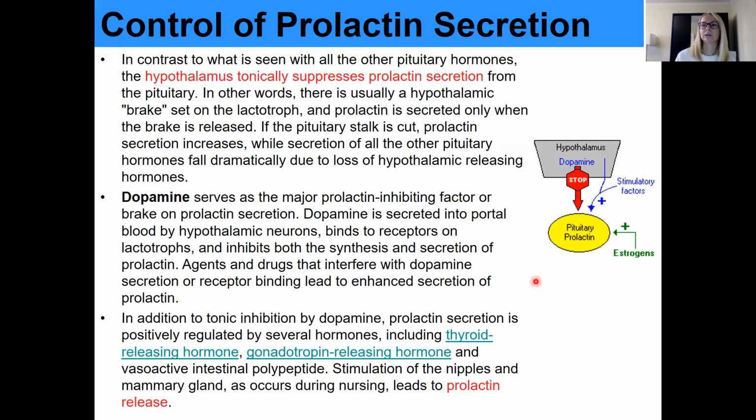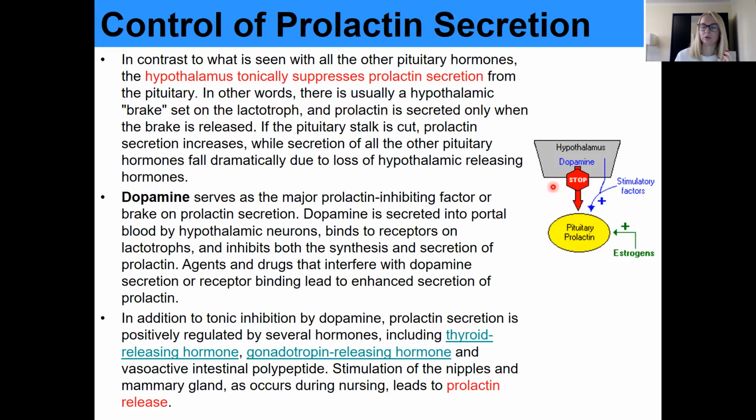How is the level of prolactin secretion regulated? Most of the hormones that are secreted by the pituitary gland are controlled by the hypothalamus in a stimulatory way.